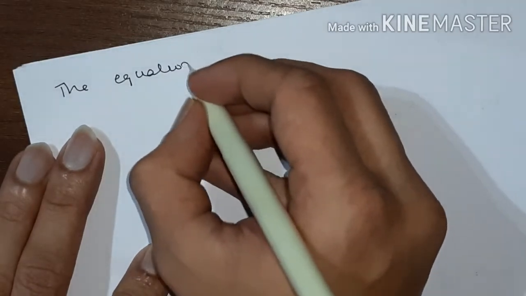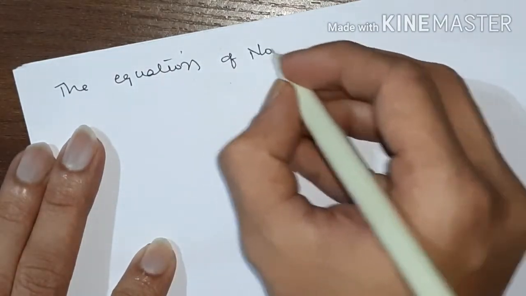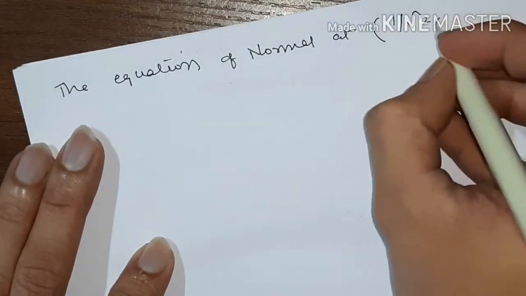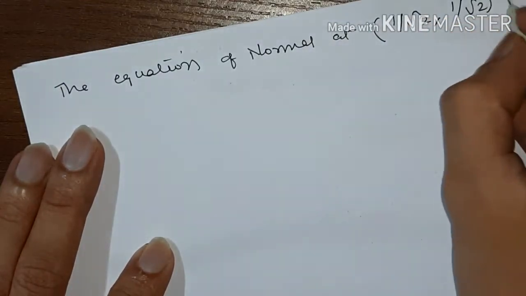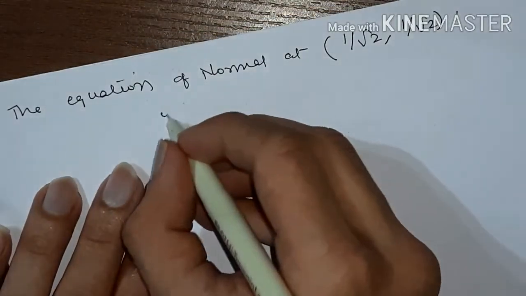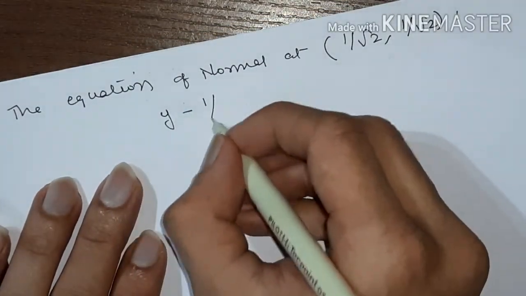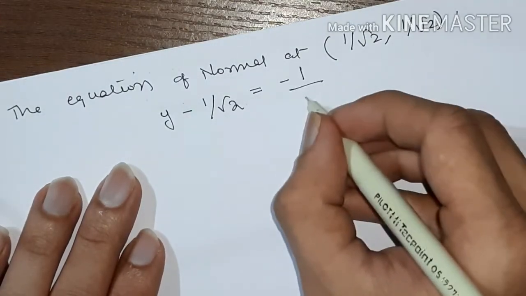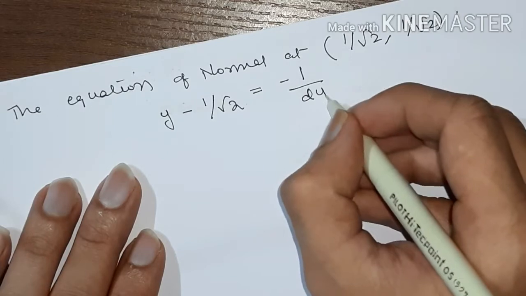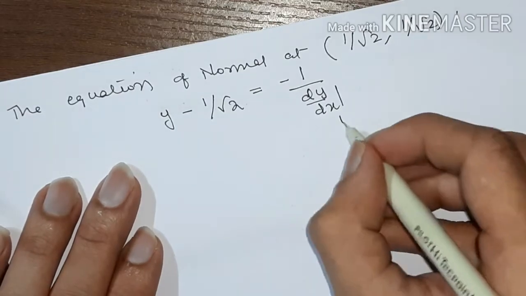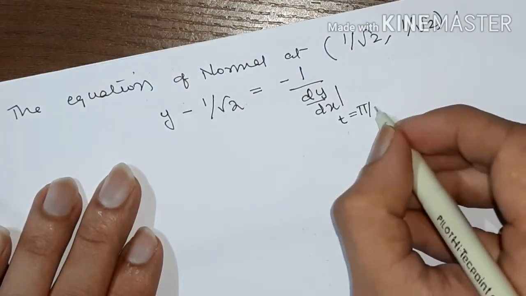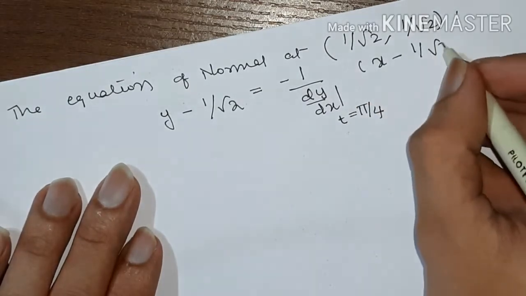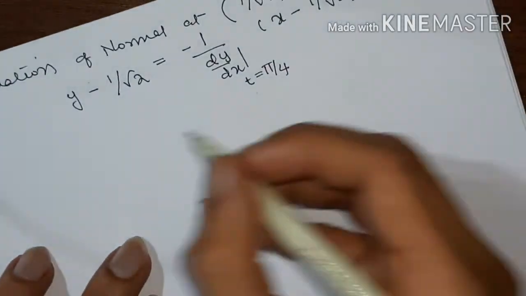So the equation of normal at (1/√2, 1/√2) is what? It is y minus y naught, that is 1 by root 2, equal to minus 1 divided by dy by dx, at which point t equal to pi by 4, multiplied by x minus 1 by root 2.